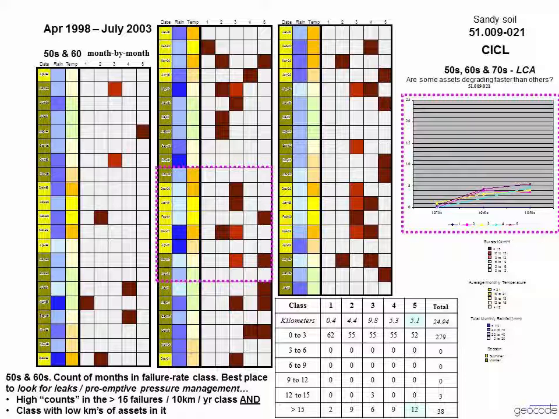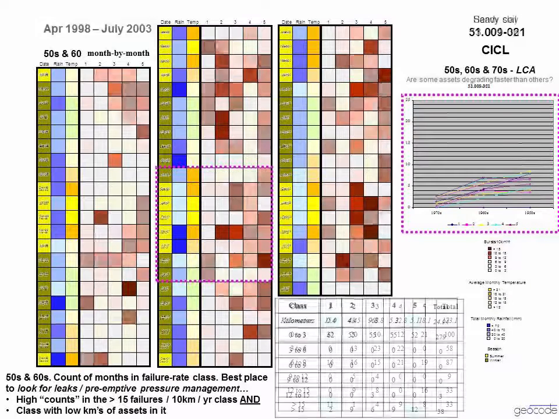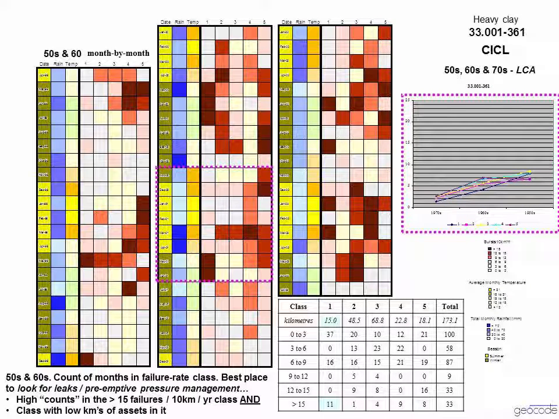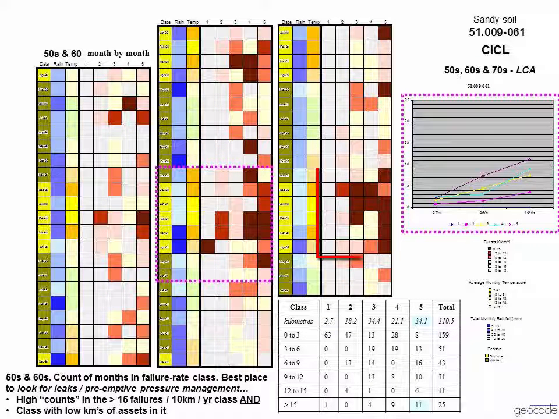So we're looking at the cast iron assets in this terrain pattern 51.009-021. So let's move from the best performing to the worst performing again. Okay, we can see, like in this slide here, there's a bunch of months where terrain units 3, 4 and 5 have a fair bit of stuff going on in them.